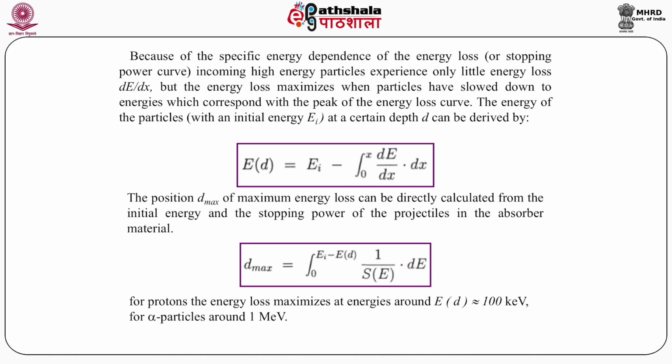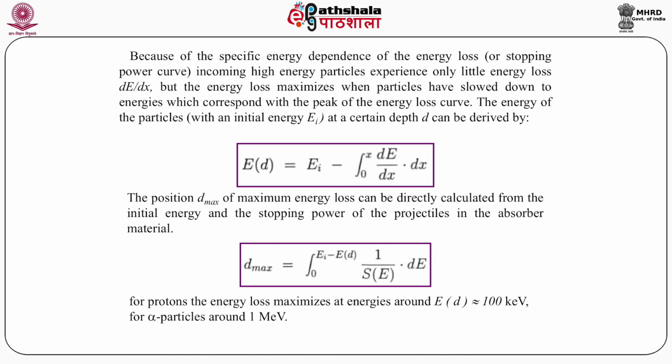The energy of the particles with an initial energy EI at a certain depth d can be derived by the expression. The position d max of maximum energy loss can be directly calculated from the initial energy and the stopping power of the projectile in the absorber material, which is given by the expression d max equal to integral 0 EI minus ED and so on.